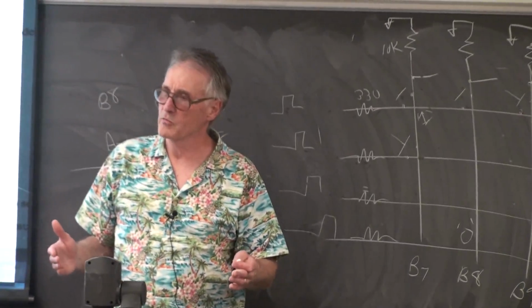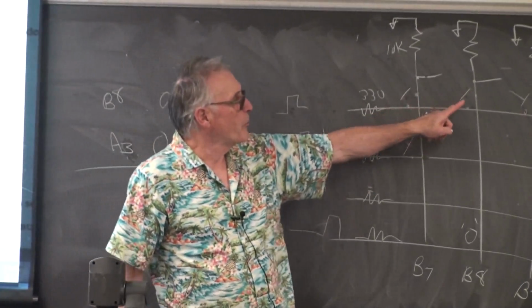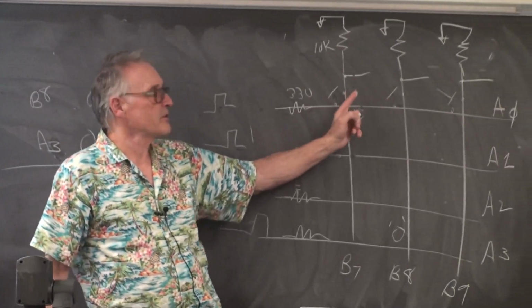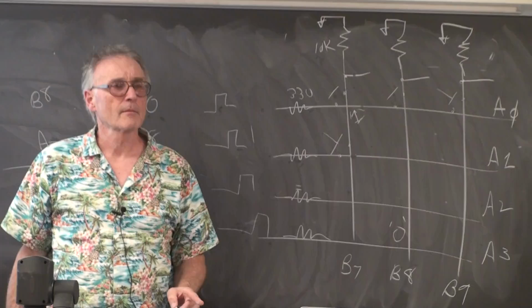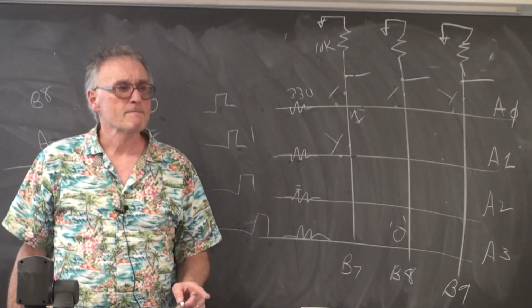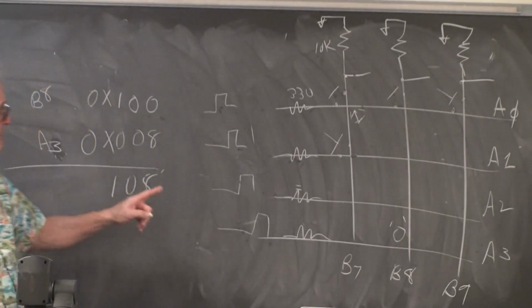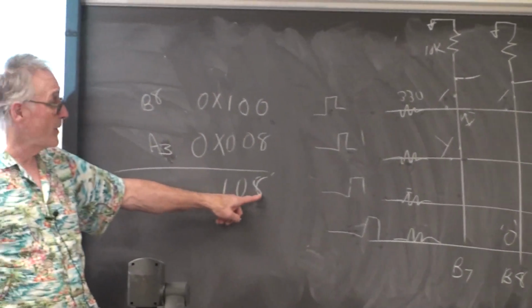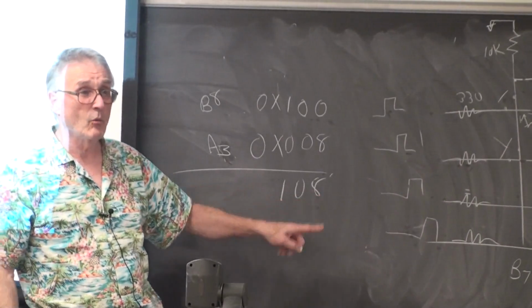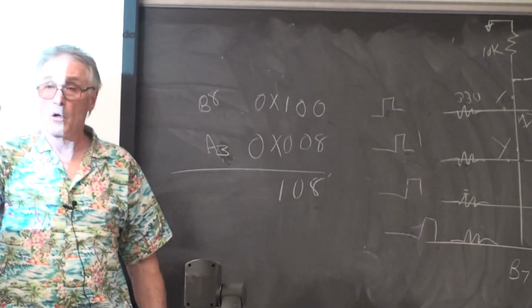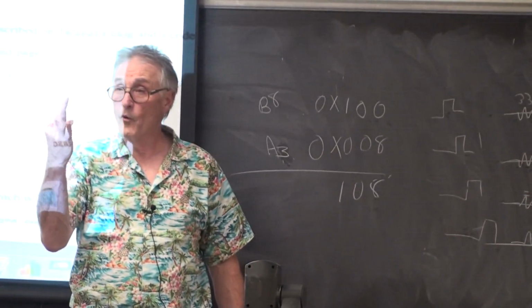Well, there's two cases. One is your finger bridges these two buttons and these are both pushed. That'll make an invalid code because the low bit will not be one of 1, 2, 4, or 8.